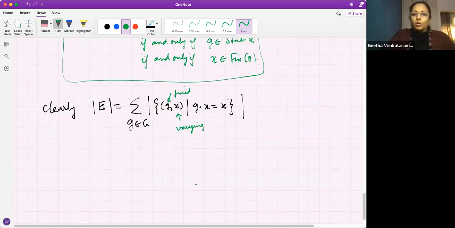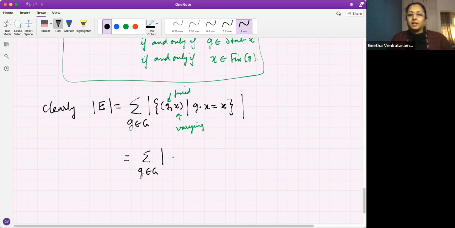Okay. So now this is obviously equal to the summation over all those g in G of the order of this set. What is this set? This is the set of all x belonging to X such that x belongs to fix of g.